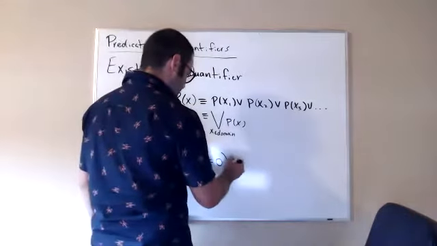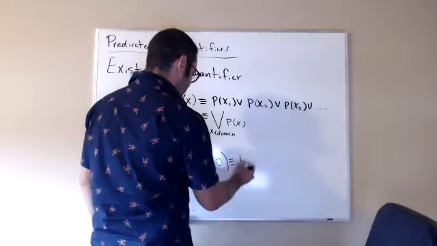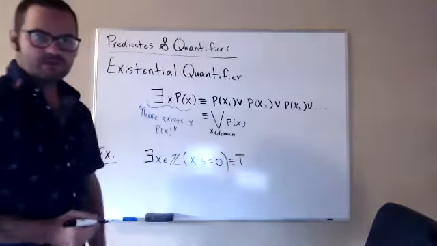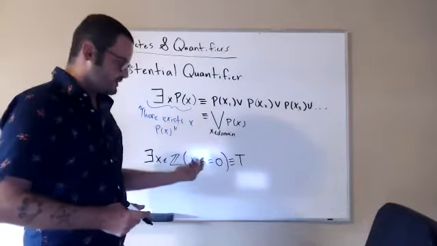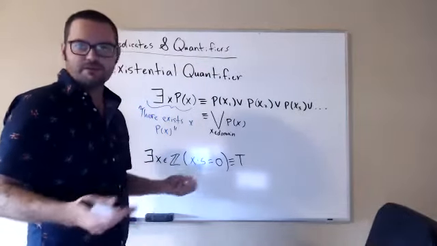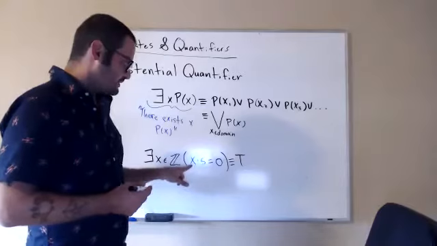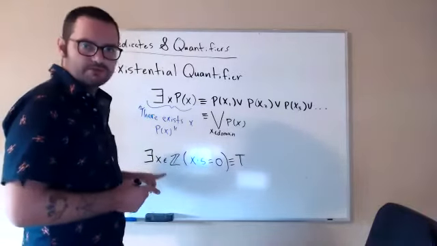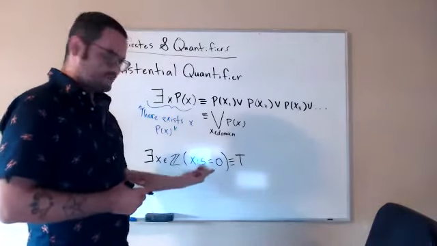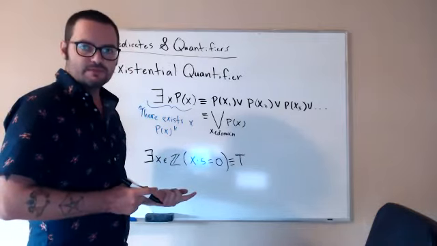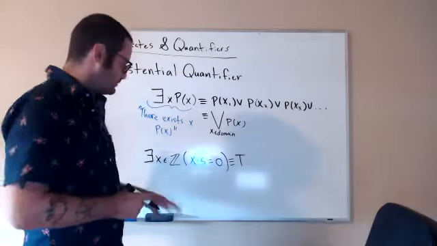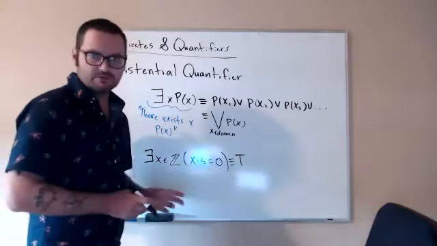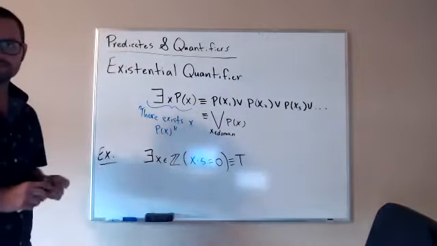Well, this is true. So this propositional function will be false with x being 1 or 2 or anything like that. But when x is equal to 0, which is an integer, which is in there, this statement will be true. So since at least one element in the domain has this evaluating to true, the existential is going to be true as a proposition.